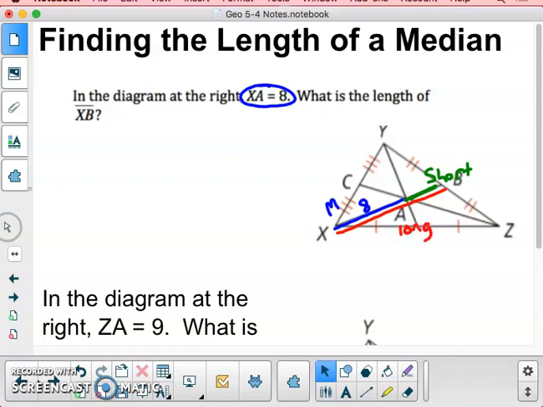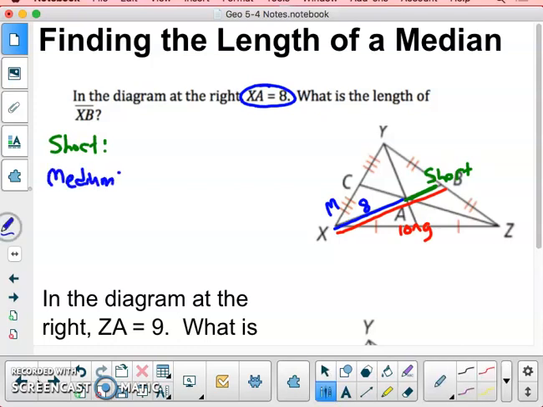They're asking us to get the long piece. What I know is that the short piece plus the medium piece will equal the long piece if I can add those together. Okay? So what they want us to find is the long piece, which is called XB.